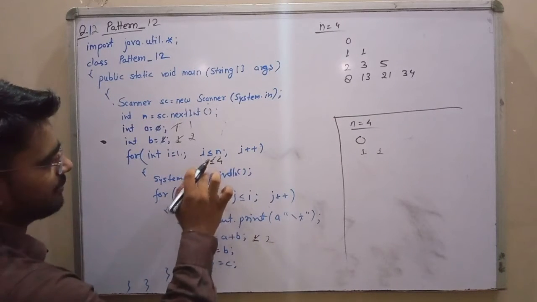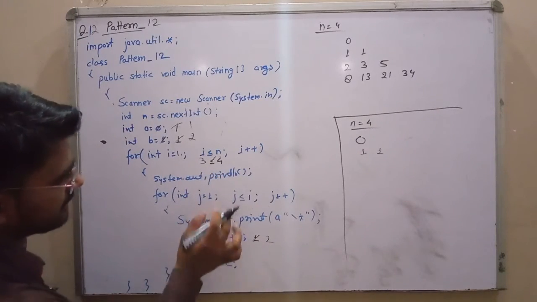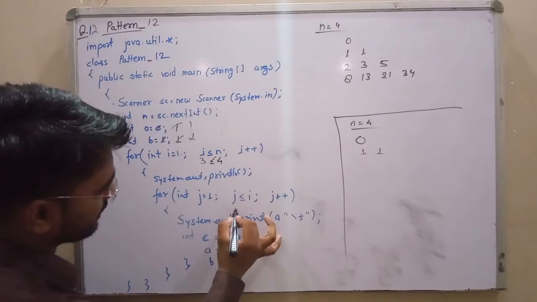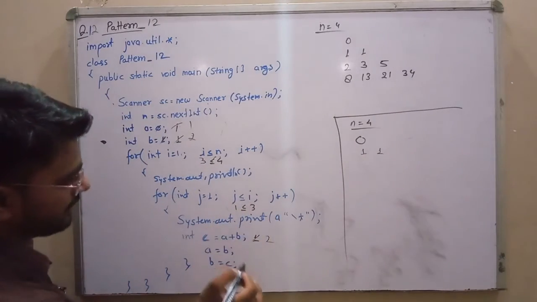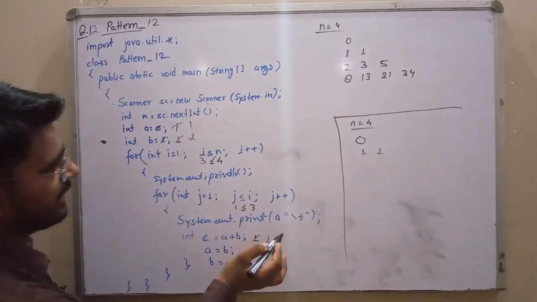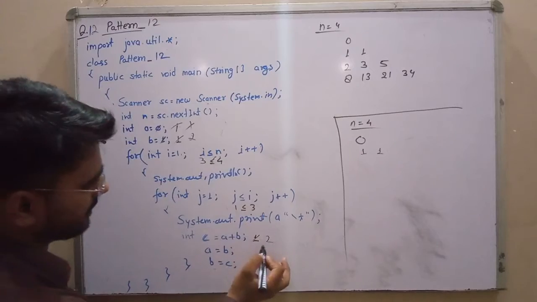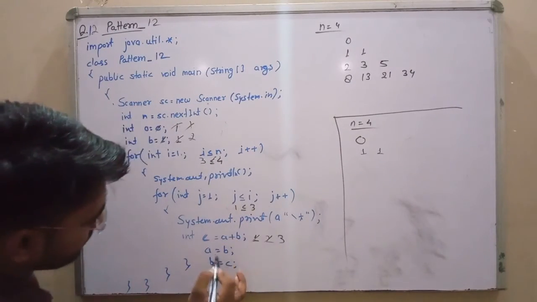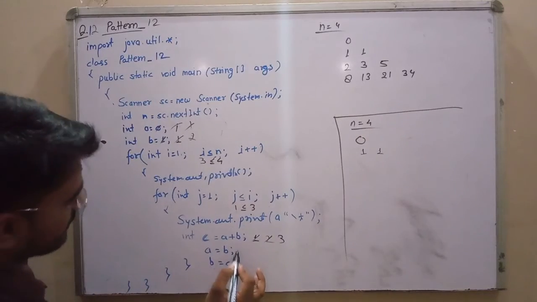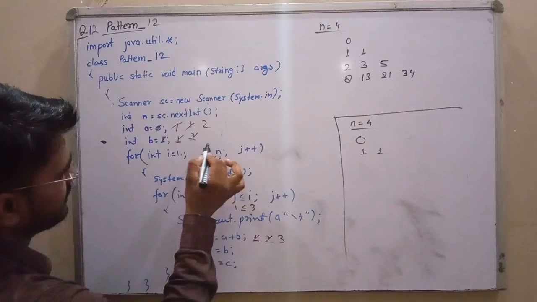Then again i plus plus, the i value is 3. Okay, in this i equal to 3 the loop prints 3 times. First time print the value of a, and this time the value of a is updated, 1 plus 2 is 3, and here the value of b is 2 and the value of c is 3.